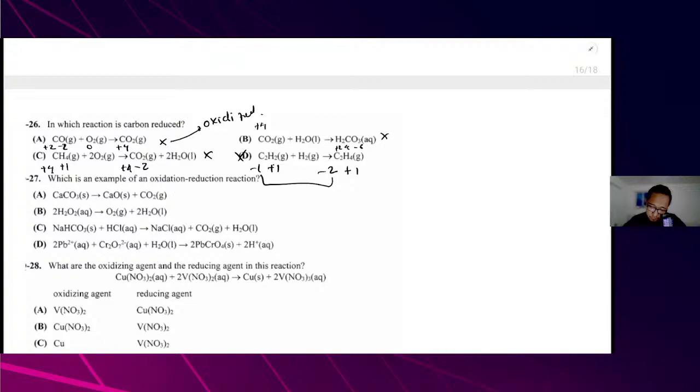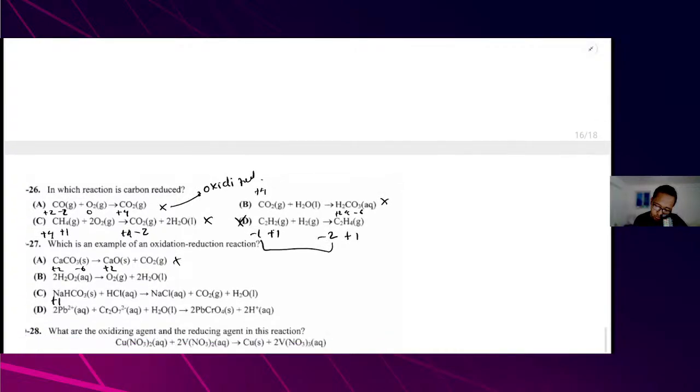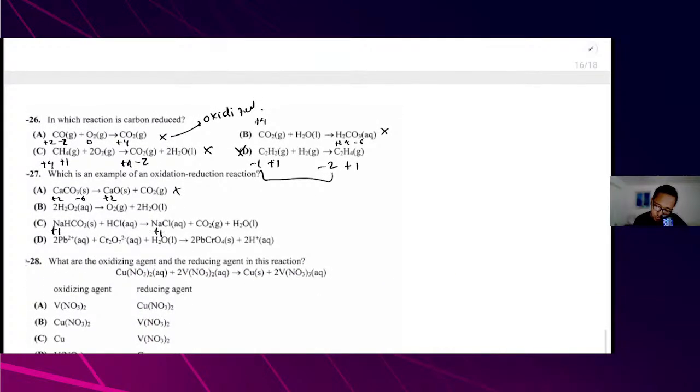Let me think. This one is not, okay? This one is not. Ca stays plus 2, right? Minus 6 and then plus 2. Okay, that's good. And then how about C? Plus 1, and then this is also plus 1.